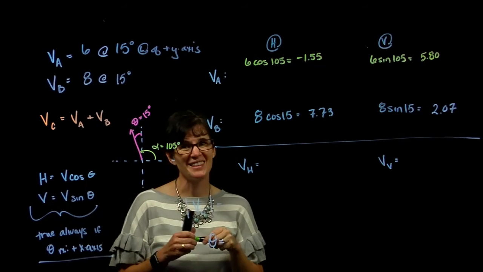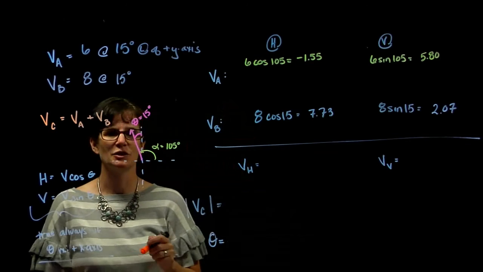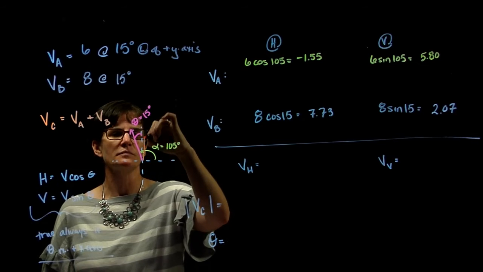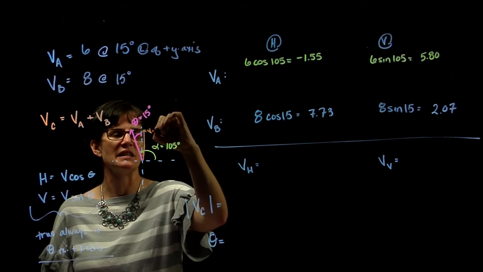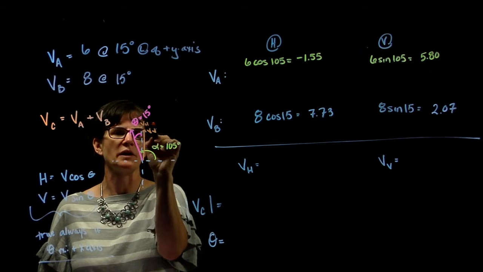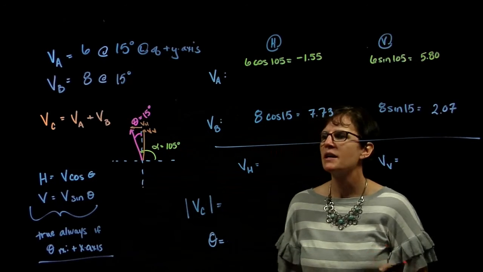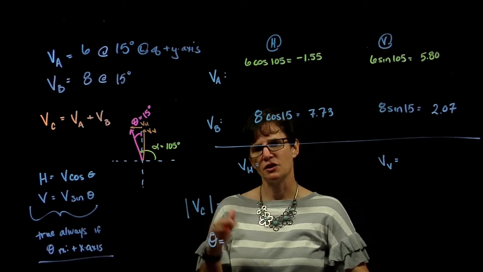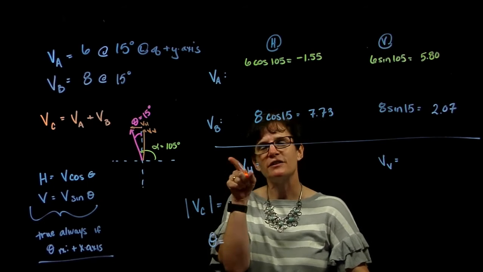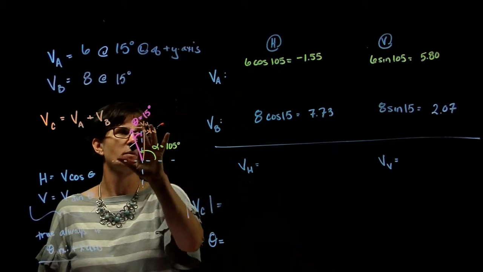Well, I appreciate that that's not everybody's favorite way to do it. Sometimes we like to do things using the angle that we're given. So in that case, if this is the vertical component and that is the horizontal component, we certainly can use the trigonometry we're comfortable with to get the magnitude of each component, but we have to be careful about the direction. If I'm going to use that 15 degrees, let's start with my horizontal component.